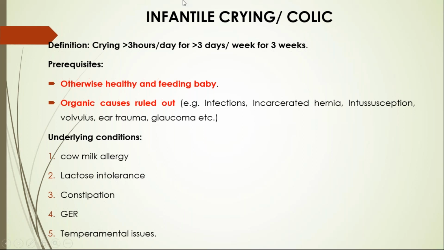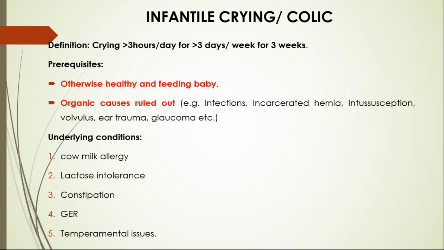Okay. So, and again, most important is you have to rule out all the organic disorders. You rule it out on history and examination. You look for infections, take history of fever, take history of any loose motions, any trauma, any eye problem, or examine the child, look at the ears, look at the meningeal signs, look at the anterior fontanelle. So if any of those are one of the causes, then it is not infantile colic, and probably there is an organic cause.